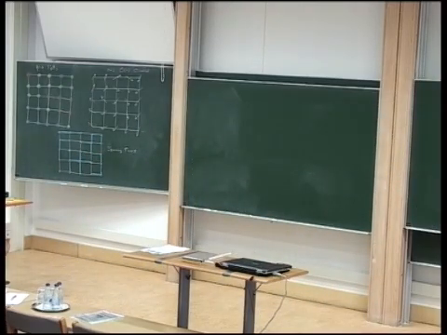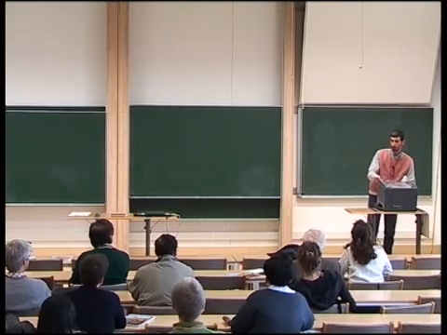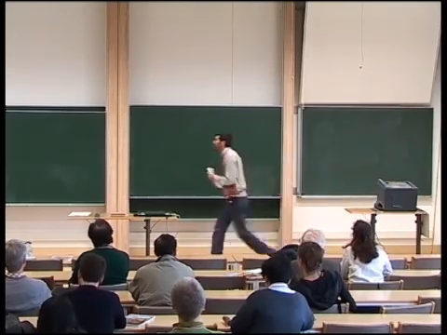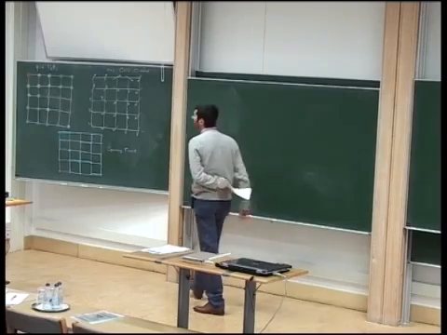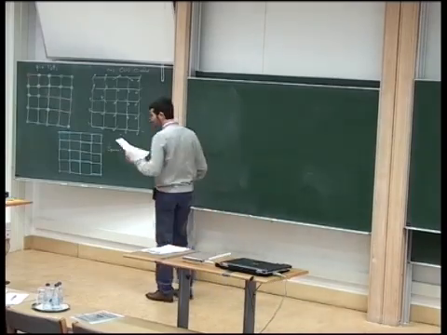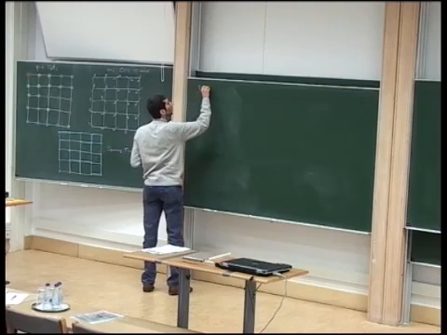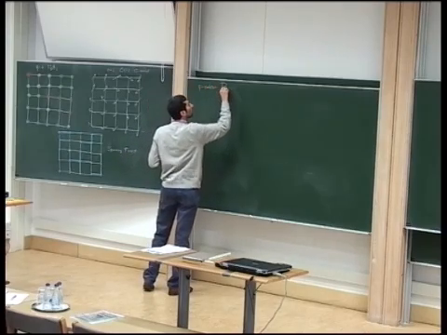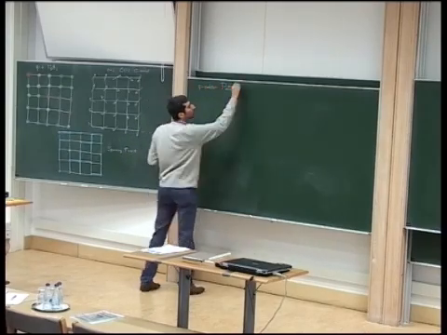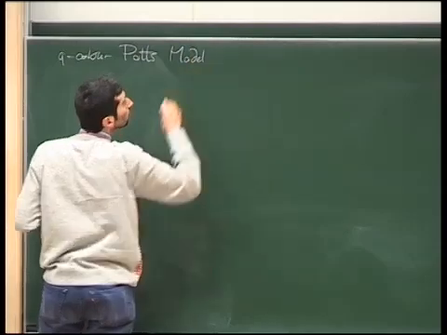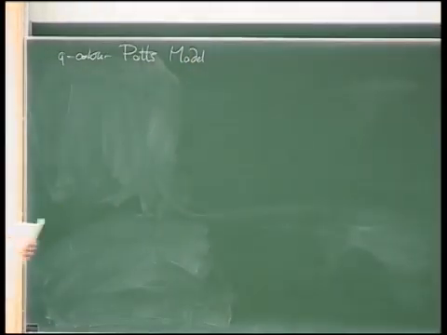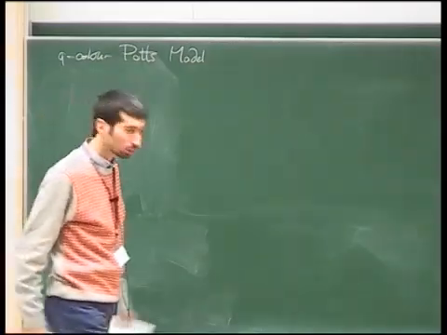So I will start by talking about these two models that we want to prove are in correspondence. There are two models in statistical mechanics. One of them is the Potts model, the Q-color Potts model. It's a quite natural generalization of the Ising model, the famous Ising model that Kotecký also talked about.